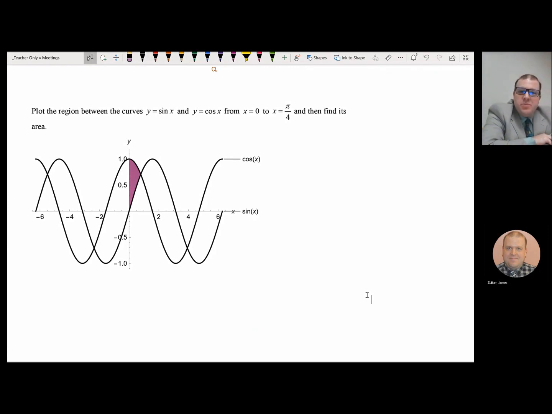If you wanted to do it algebraically, just pick any point in the interval. Plug in that point to both sine and cosine, and whichever one gives you the larger value is your larger function.